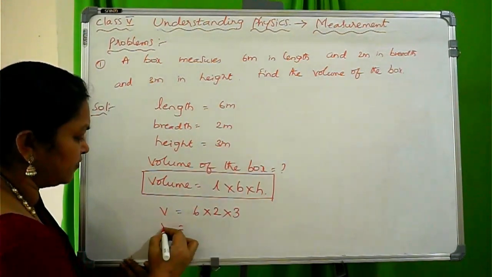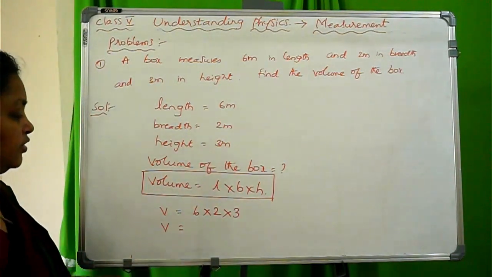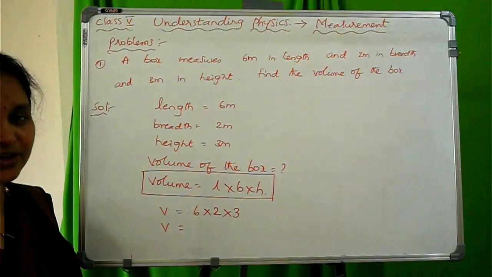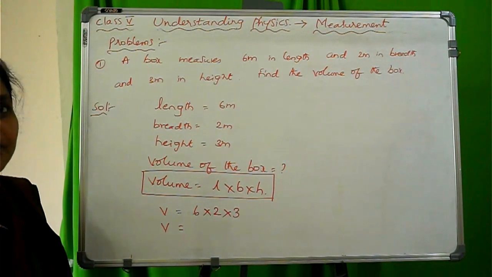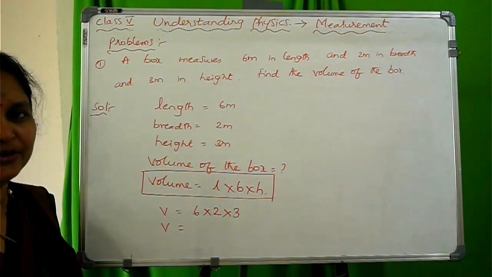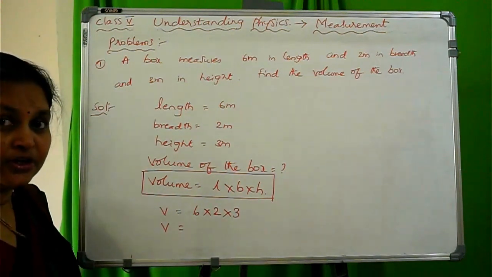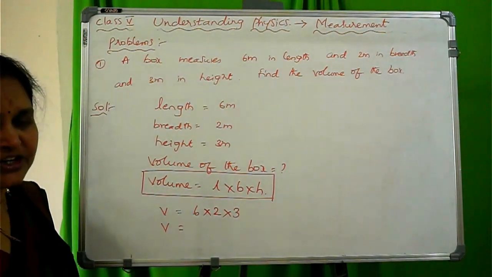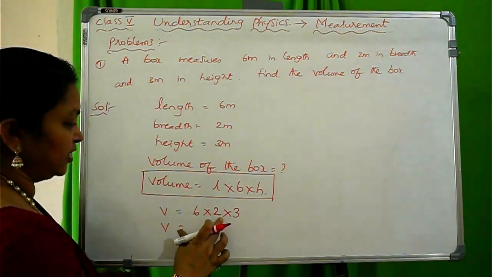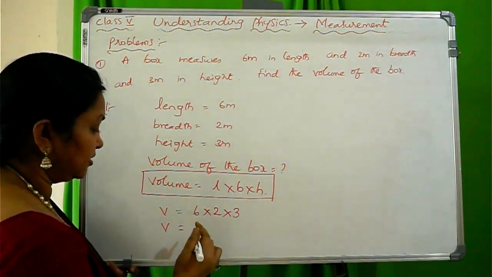3. See, everyone should know the tables, additions, subtractions, fractions, divisions, all these things. Then only you will be able to do the problems conveniently. Otherwise, you will face a lot of difficulty in doing solutions. At least try to learn now the multiplications, additions, subtractions, all these. 6 2s are 12. 12 3s are 36.